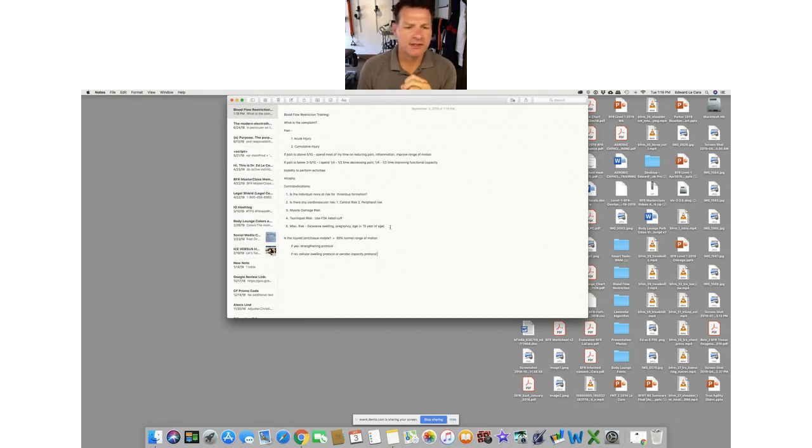Now, there is a tweener in there. The strengthening protocol doesn't have to be full on isotonic strengthening. It could be isometrics, or it could be just your isotonic. So you can do it either way.